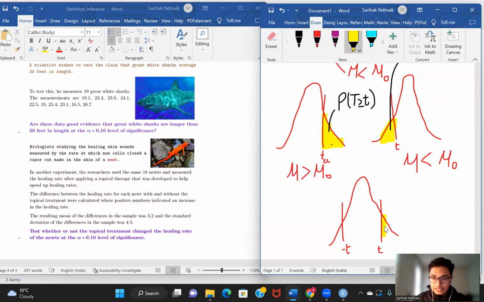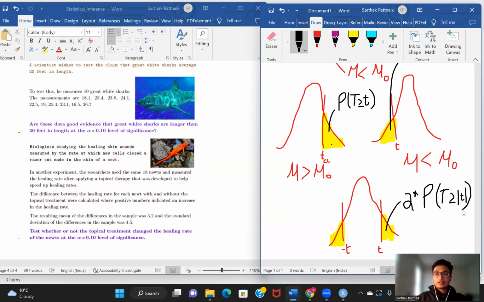We're interested in calculating this as well as this. Essentially, because these two areas are equal due to the symmetric property of the t-distribution curve, which is very similar to the symmetric property of the standard normal distribution, the area will be twice P of t greater than or equal to mod of t.